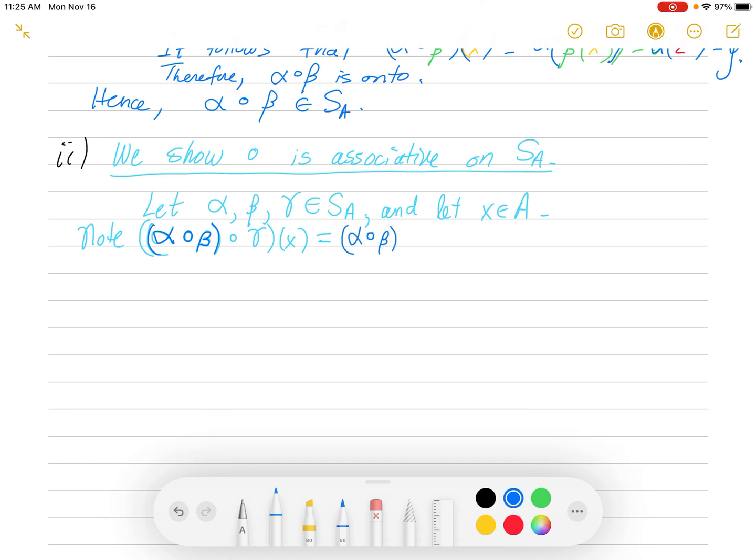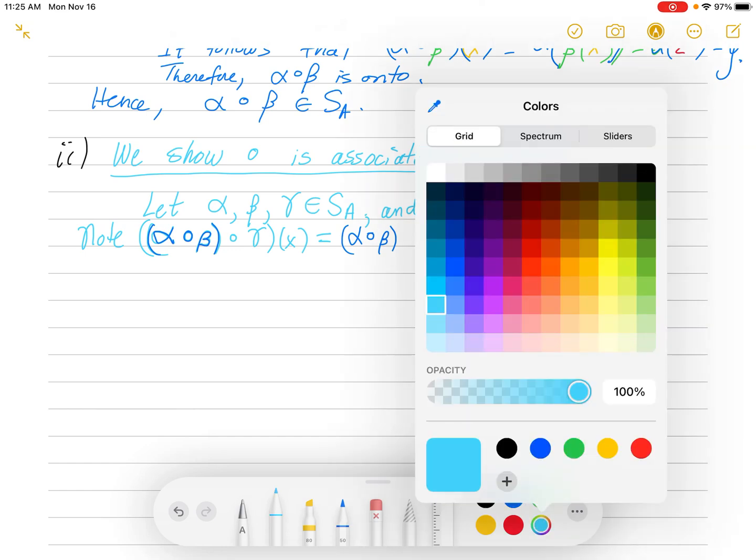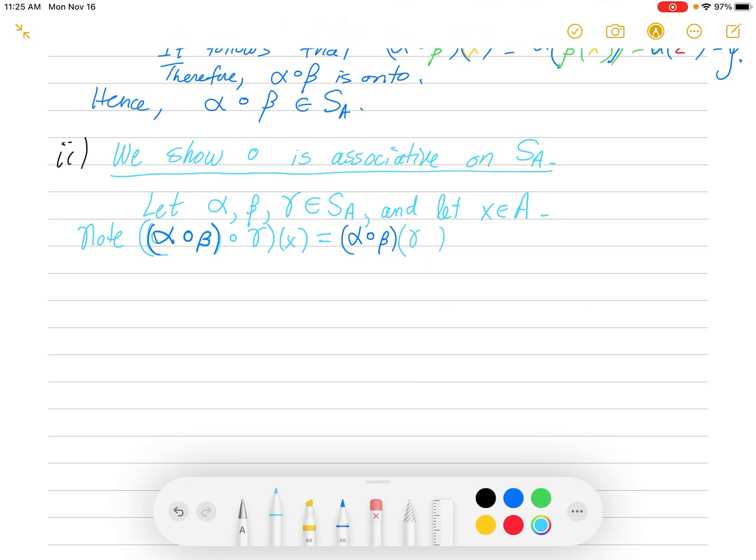That would mean alpha composed with beta of gamma of x. So gamma of x is the input into the alpha composed with beta function.